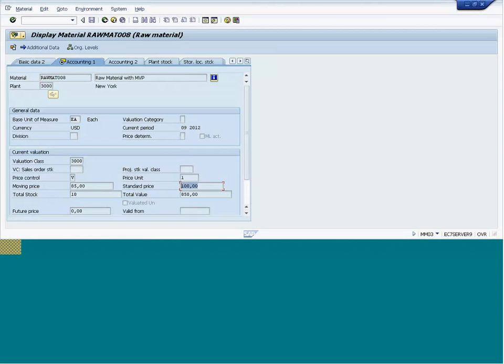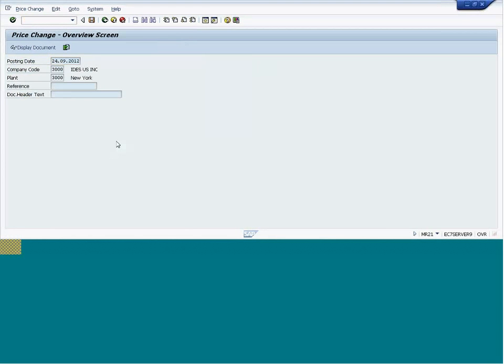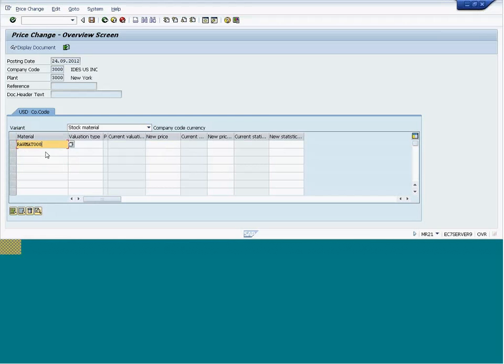So what did we do now? For the moving average price, we changed the standard price. In the same transaction code I was showing you, you can also change the statistical price. Earlier we changed this and saw the accounting entry, and we changed this and saw no accounting entry, and I showed it in the material master.